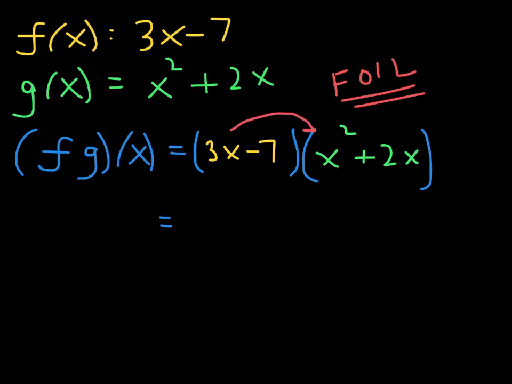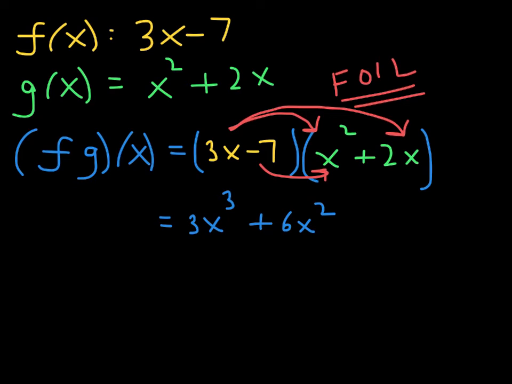I'll actually show you how we are distributing. So first we're going to do 3x times x squared. That'll give us 3x cubed. And then also 3x times 2x will give us 6x squared. And then now let's distribute negative 7 into the binomial.